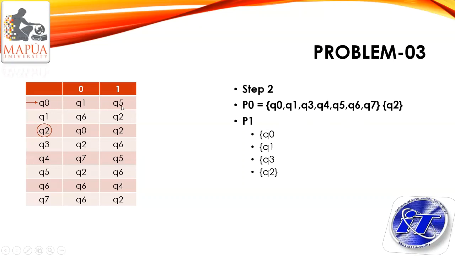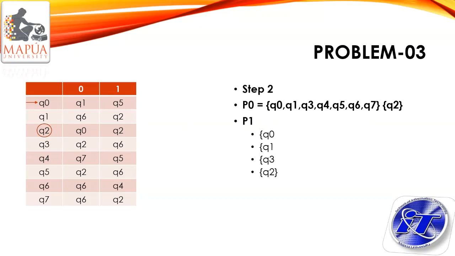For Q0, it goes to Q5, within the group. But for Q1 on 1, it goes to Q2, the other group, the final. So Q0 and Q1 are in different groups. They are not equal based on the behavior of 0 and 1.